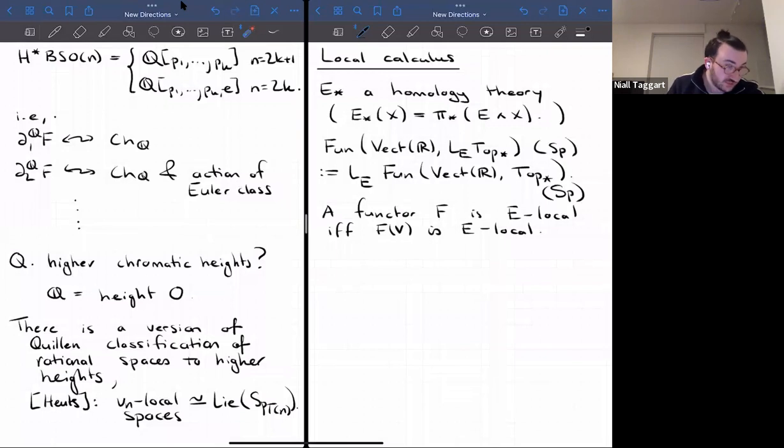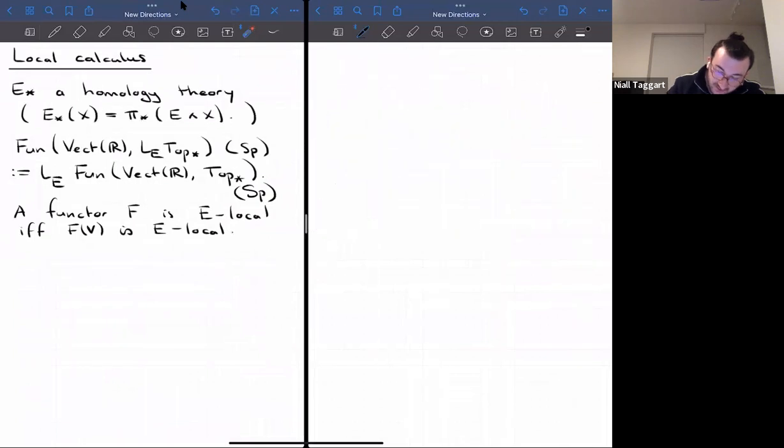Just by the actual machinery, you can crank out a tower. Maybe I'll give myself a little bit more space. So we have a tower. Let me draw it vertically this time.